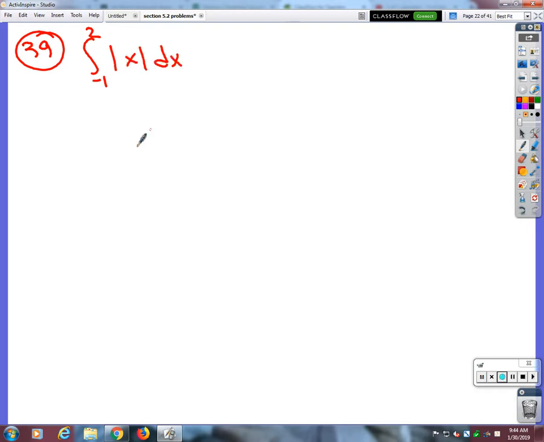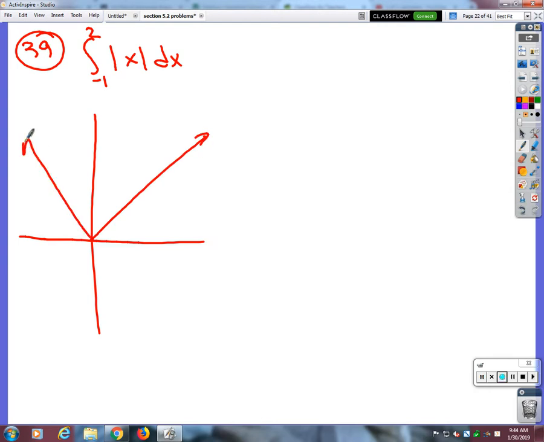So you guys probably don't remember what the graph of the absolute value of x looks like. It's just a V-shaped graph. So if I'm going from -1 to 2, I got a little triangle here, and I got a bigger triangle right there. And I just need to find the areas of those two and add them together.